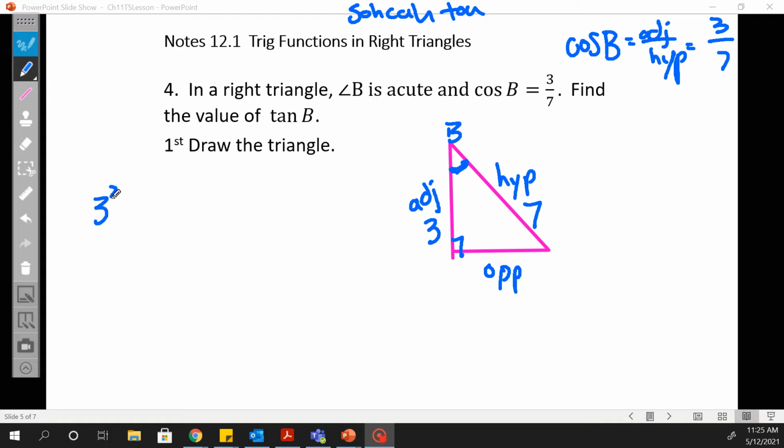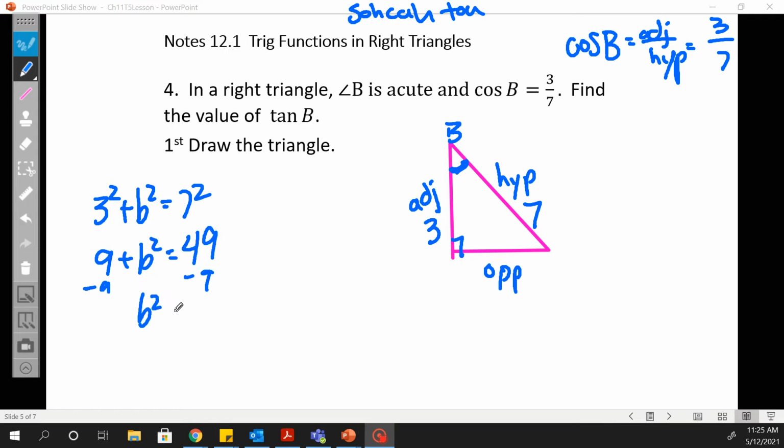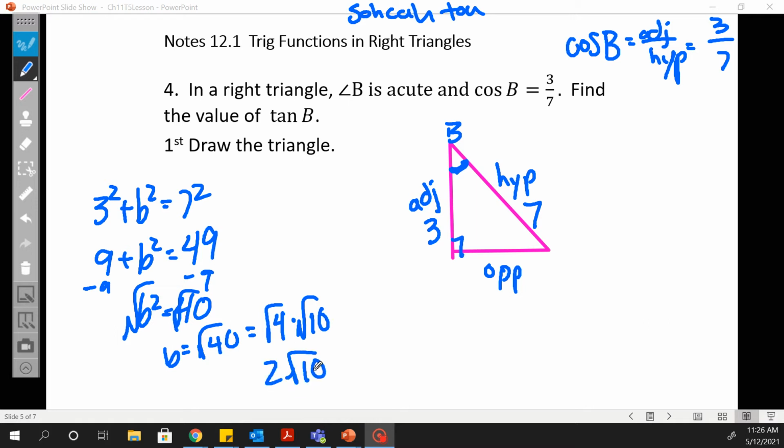So we'll say 3 squared plus b squared is equal to 7 squared. So 9 plus b squared is equal to 49. Subtract 9, b squared is equal to 40. Square root both sides. B is equal to the square root of 40, which can be written as square root 4 times square root 10. So 2 square root 10 is the missing side.